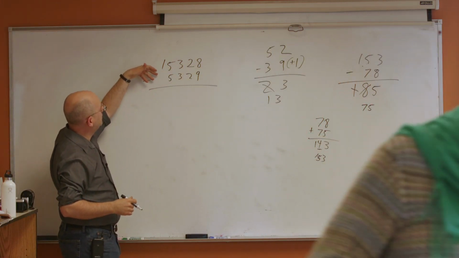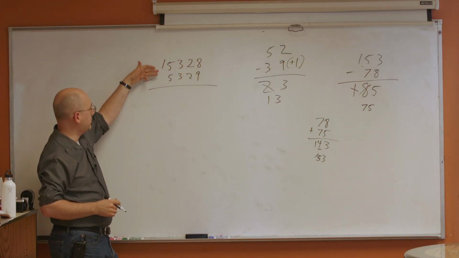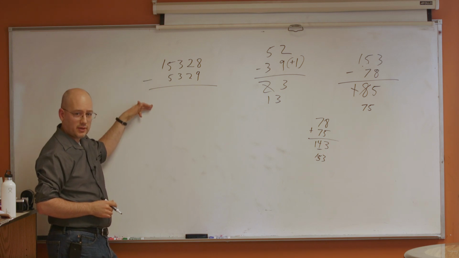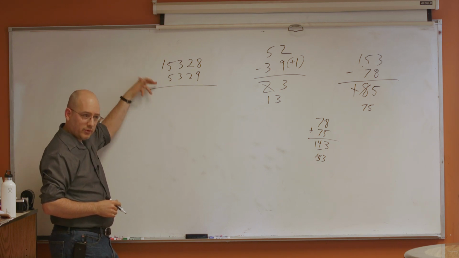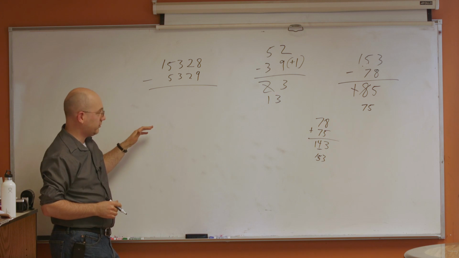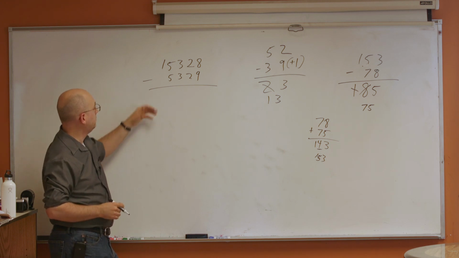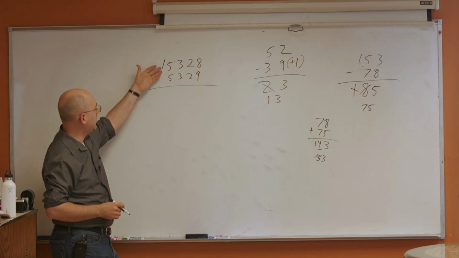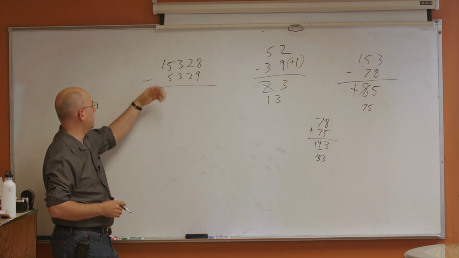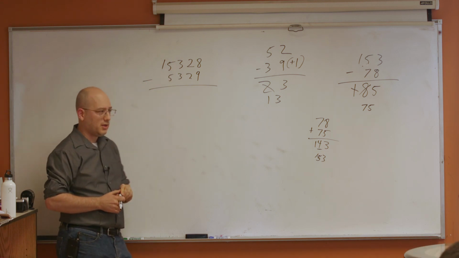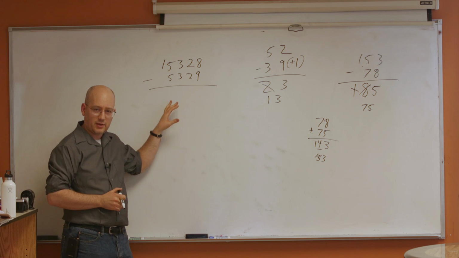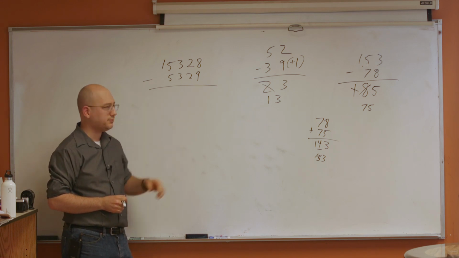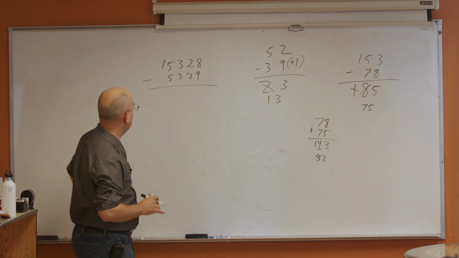In my head, I think of this as 15,000 minus 5,000, so about 10,000. That's really the most important thing you need to do when you first see a problem. If I'm buying a car for $15,000 and $328 and I get a 5,329 discount, what do I care about? I care about the 5,000, right? It's now about 10,000. The biggest thing you care about.